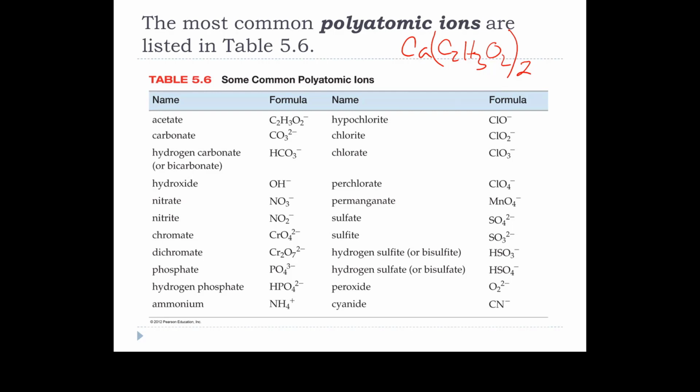Now let me ask you, if I've got 3 moles of calcium acetate, how many moles of carbon are there? 3 times 2 times 2, 12. So we can then convert that to atoms if we wanted to, right? 3 moles of calcium acetate, 2 acetates per calcium acetate, 2 carbons per acetate, 6.022 times 10 to the 23 atoms per mole.